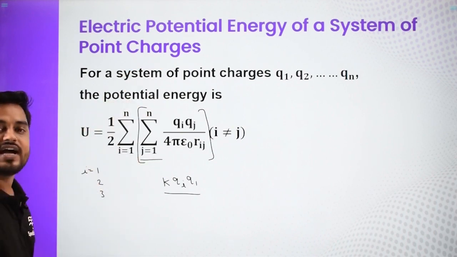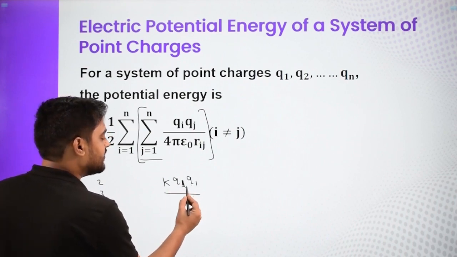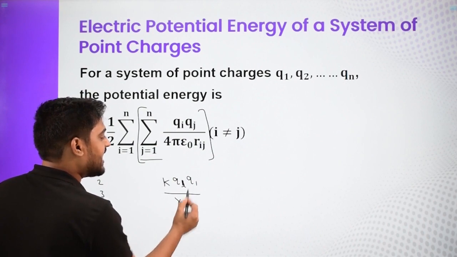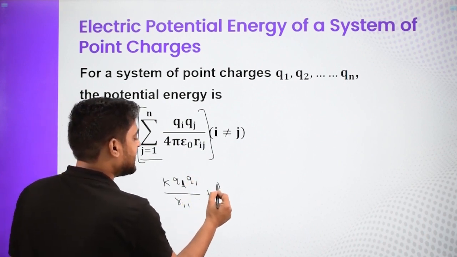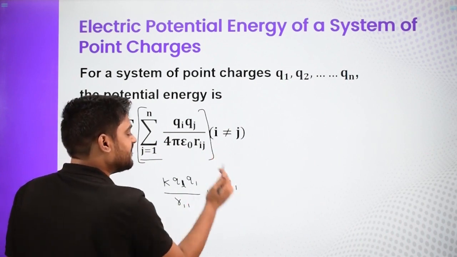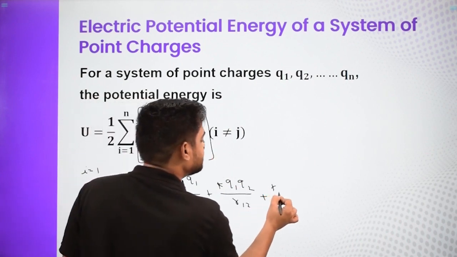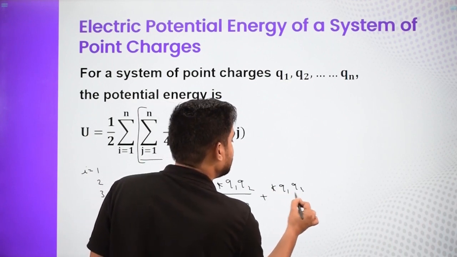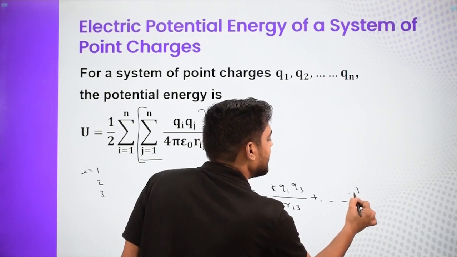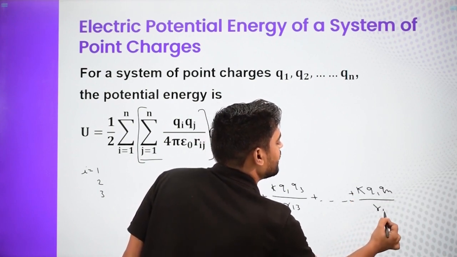So first I choose i to be 1, and j changes from 1 to n, and this will be rij. So r11 plus k q1 q2 by r12 plus k q1 q3 by r13 and so on, up to k q1 qn by r1n.